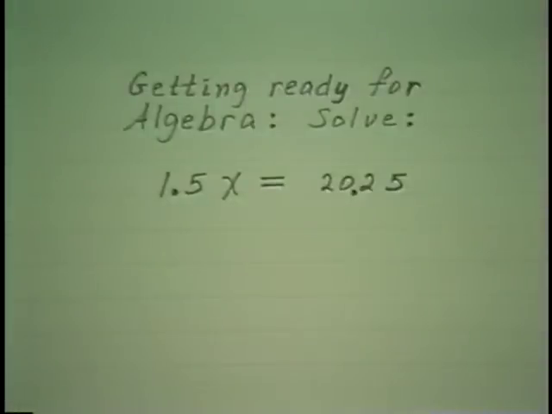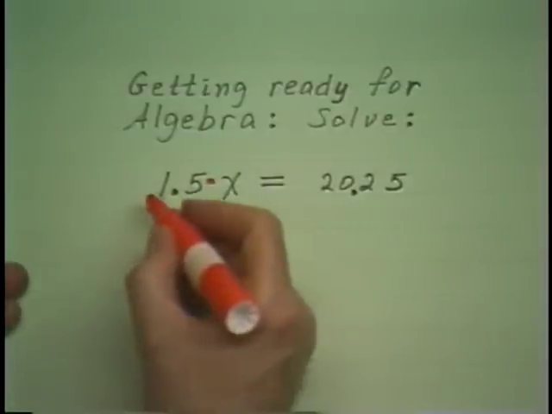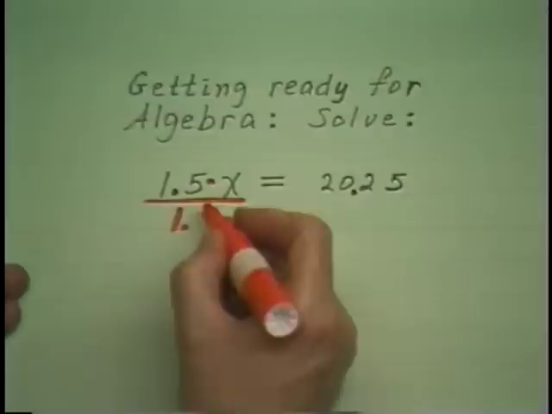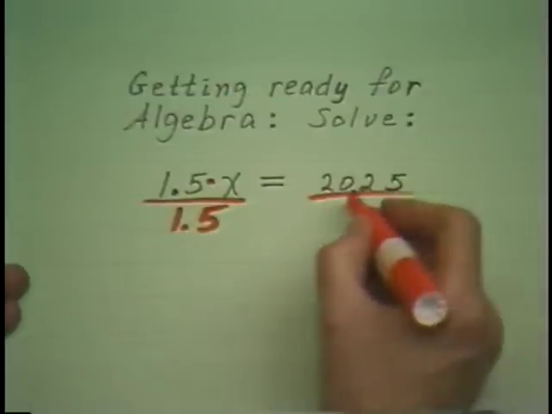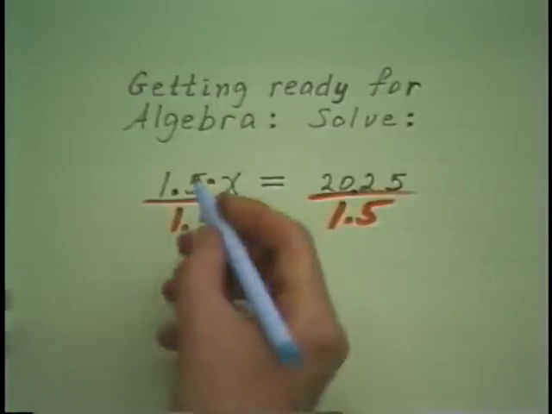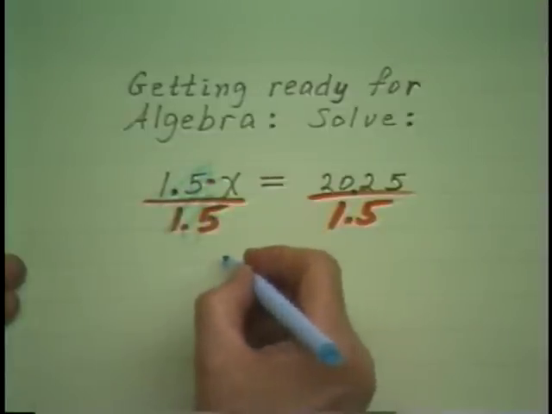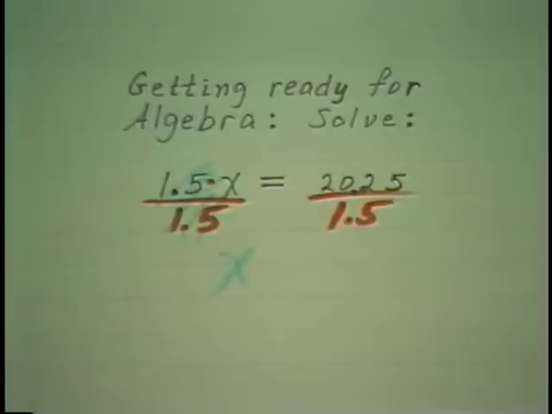Now, when we get to decimals, it's exactly the same thing. If you wish to undo that multiplication, we'll divide by whatever is doing the multiplying, but we'll divide both sides. And this division undid this multiplication, isolating my variable.